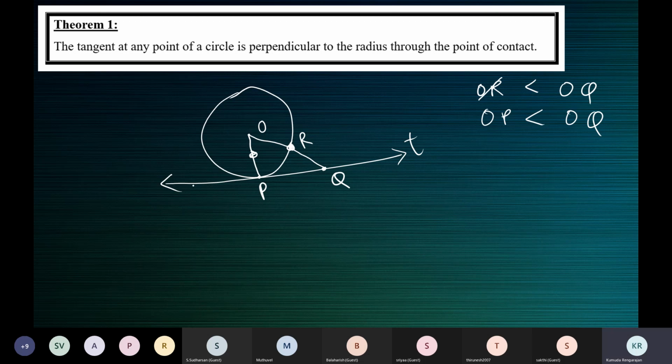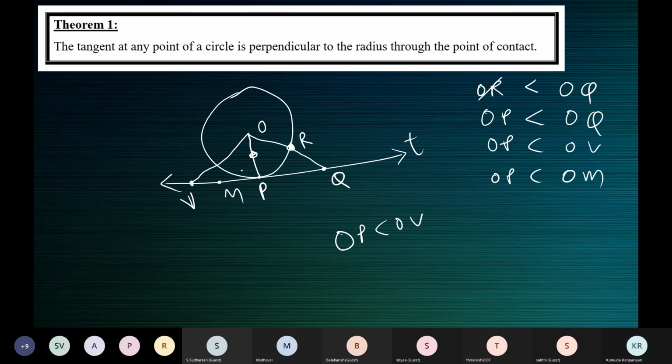Like this, if you take some other point on the tangent, say V, and you join OV, you will get the same result: OP is less than OV. If you take a point M, OP is less than OM.